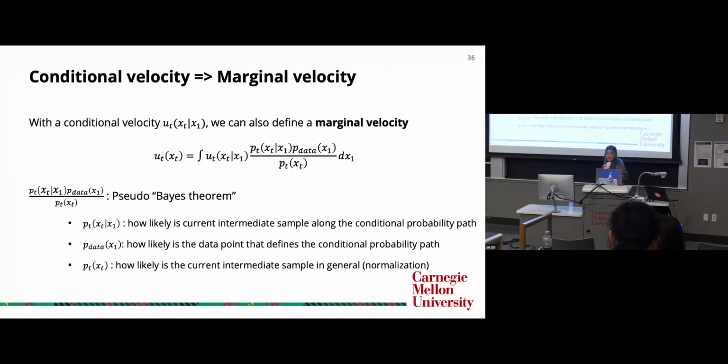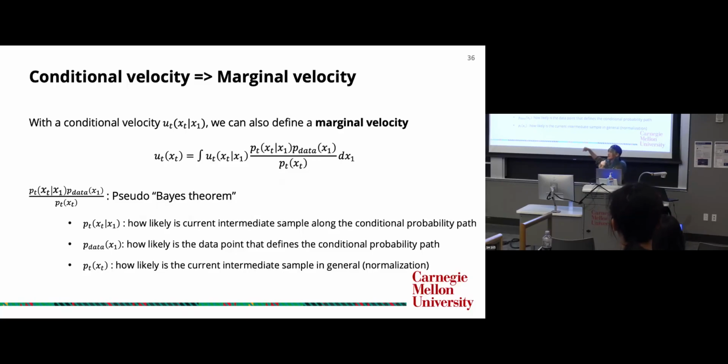So say now we have a conditional velocity here. Then we can also define a marginal velocity. What does this mean? Basically, we apply Bayes' theorem on your conditional velocity, so that it's reweighted, taking into account how likely your current noisy point, your intermediate data point, is along the conditional probability path.